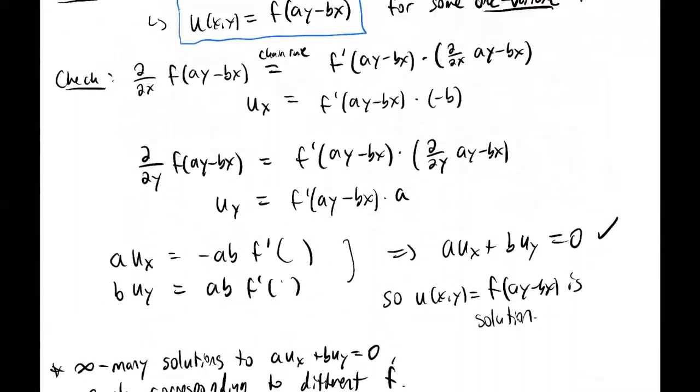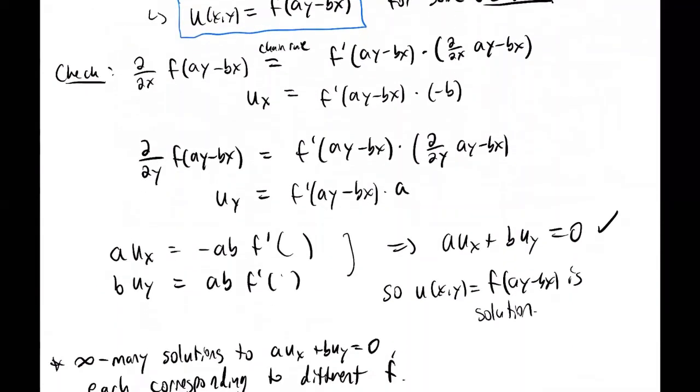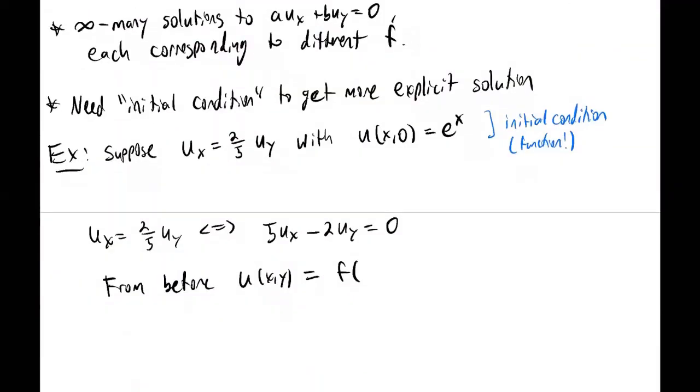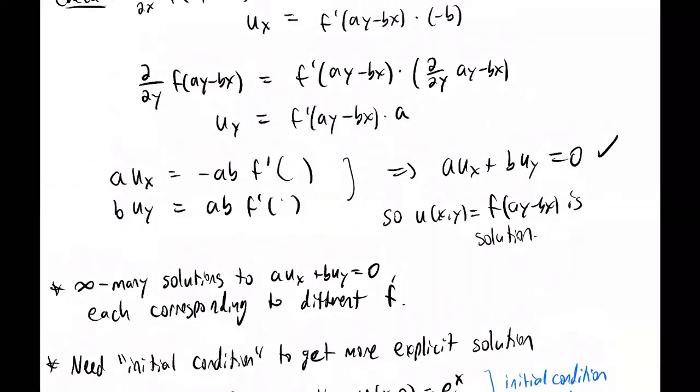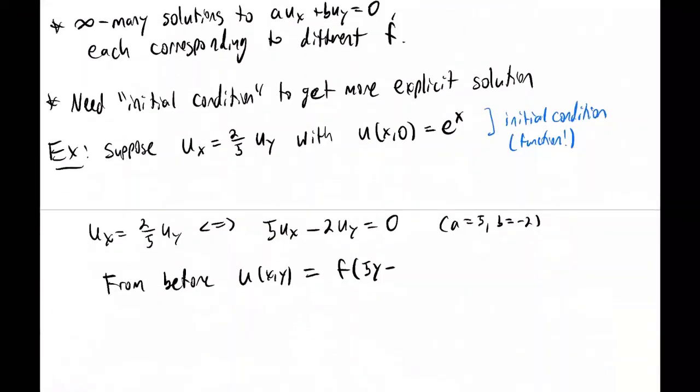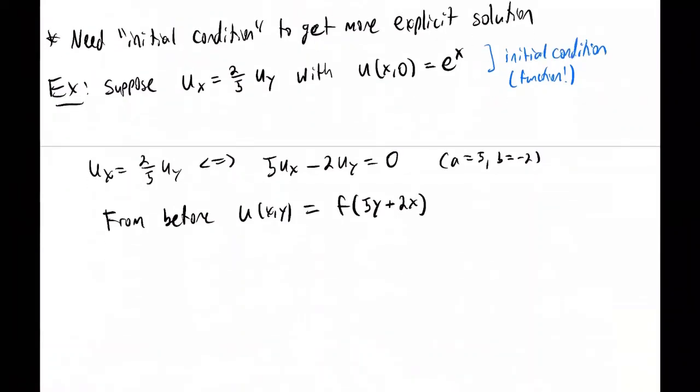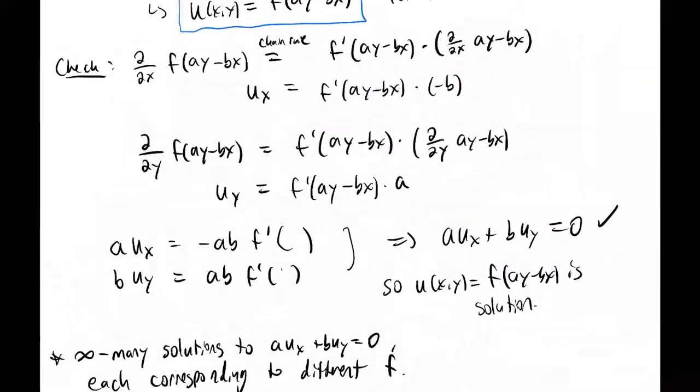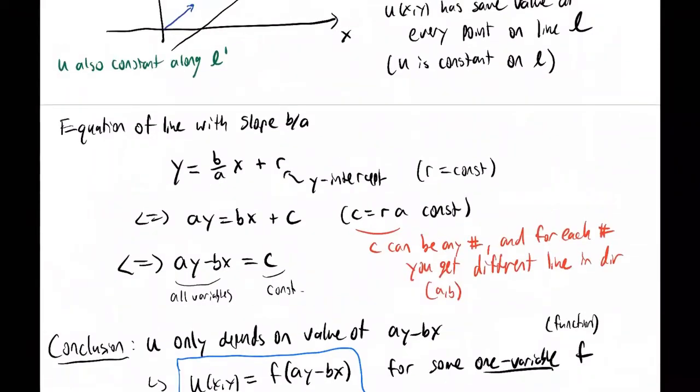The formula was ay minus bx. In this case, a is equal to 5 and b is equal to minus 2, so we end up with 5y minus minus 2, so we get plus 2x. I'm just double checking the numbers so that I don't confuse people.